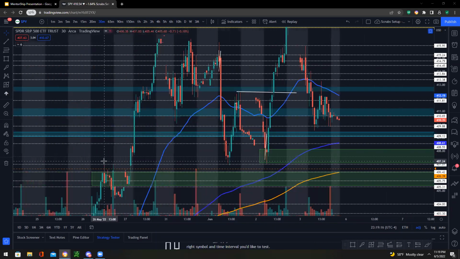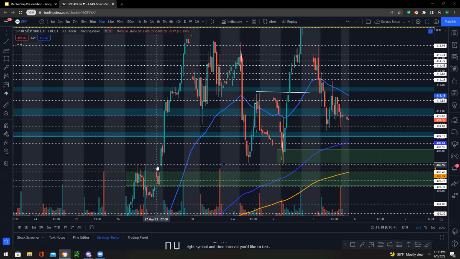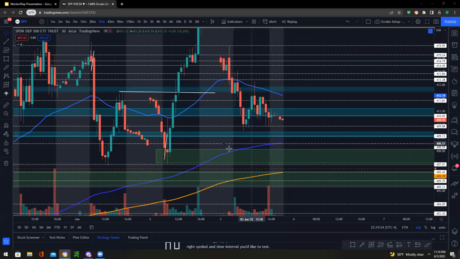As we can see here, every single time we've hit 407 before, huge rejection, huge support, huge support. So there's definitely going to be some buyers around this 407 region, so we want to be very mindful of that. If it can't hold 409, then we can go back down to 407, maybe about 408 or so.